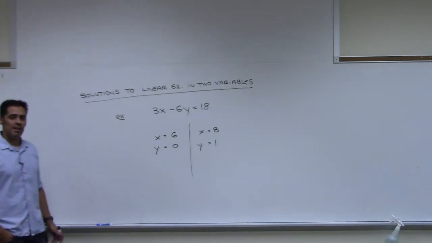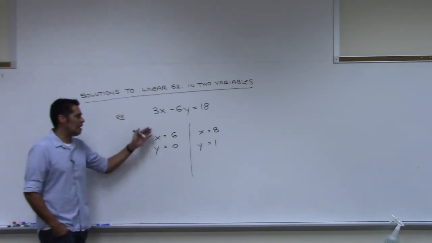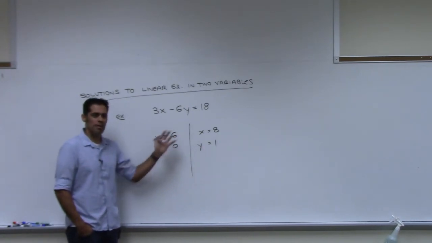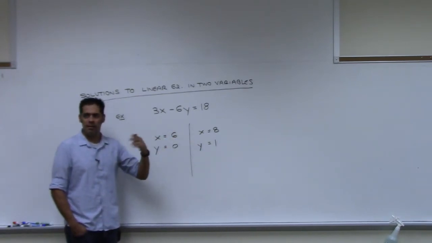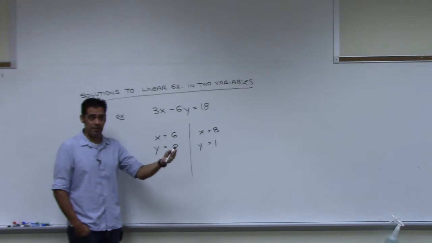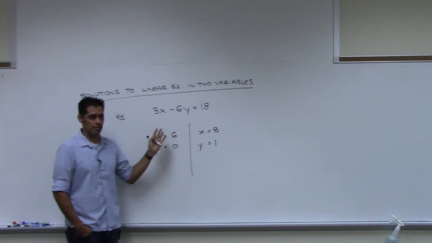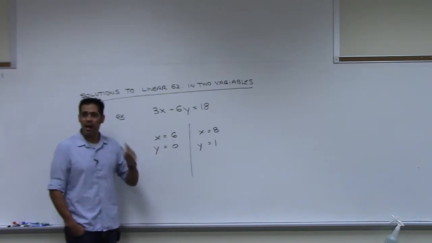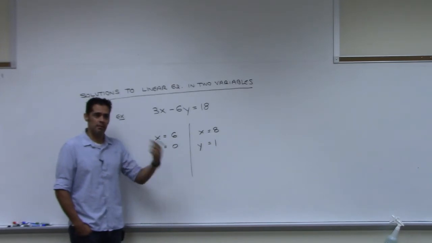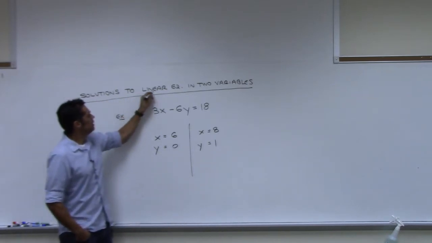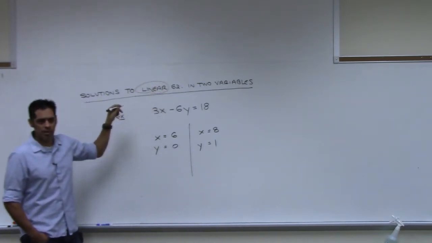So what do we do instead of writing out the answers or trying to list them all out for you? What do we do to help us visualize all the answers? We graph it. And when we graph it, it's going to be a circle? What is it going to be? It's going to be a line, a straight line.